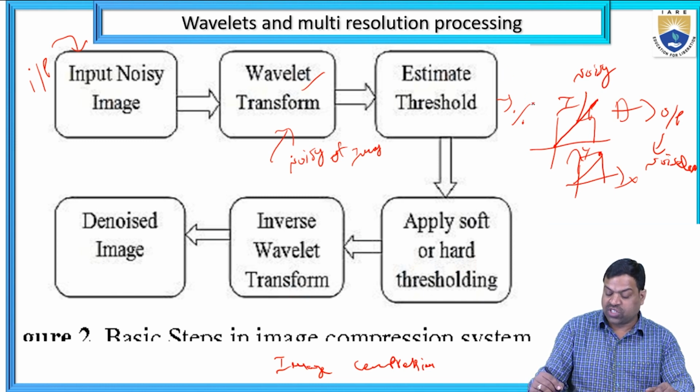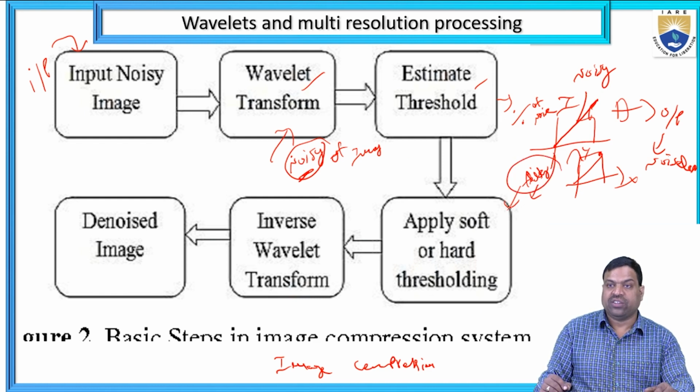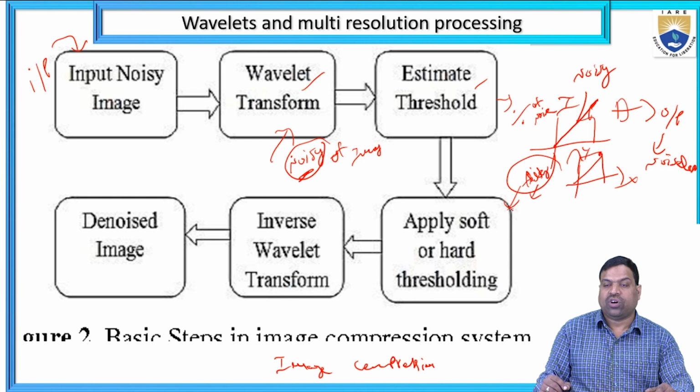Estimating the threshold means finding the percentage of noise in the original image. After that we apply soft or hard thresholding. Thresholding means we are using a filter. Which type of filter we use depends on the noise. If you know the type of noise, then we know the type of filter we need. That is, apply soft or hard thresholding.